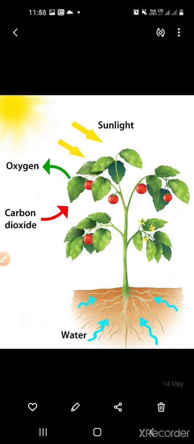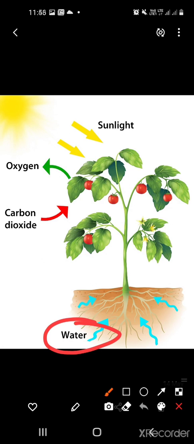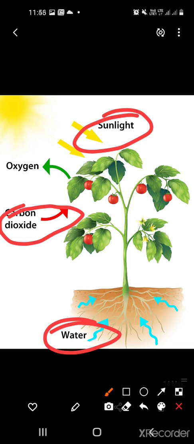This is the process of photosynthesis, by which a plant prepares its food using water, carbon dioxide and sunlight, and chlorophyll present in the leaf, a green pigment.